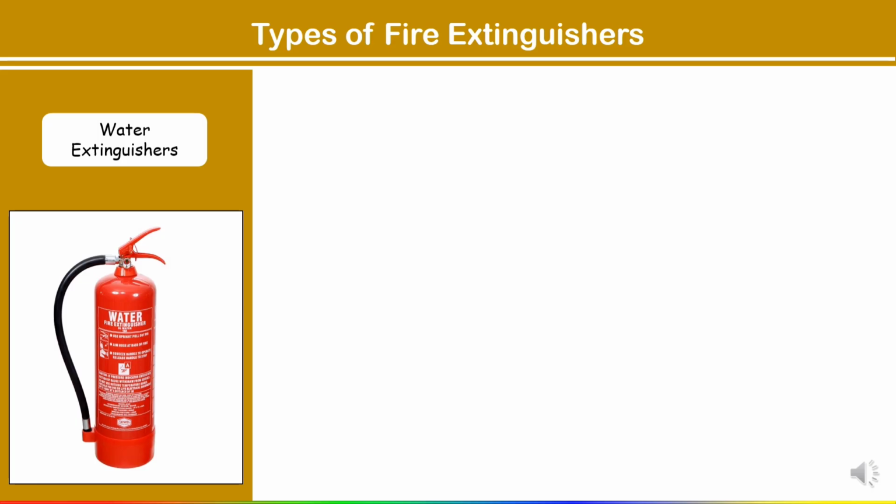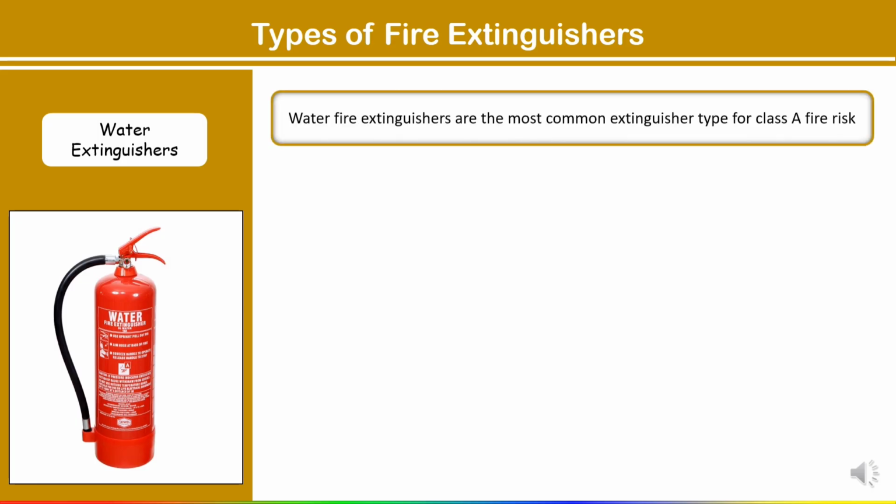All of you know that water fire extinguishers are the most common extinguisher type for class A fire risk. Class A fire involves ordinary combustibles like wood, paper, cloth, etc. For example, in an office environment, a water extinguisher would be used to put out a fire caused by burning paper or furniture.